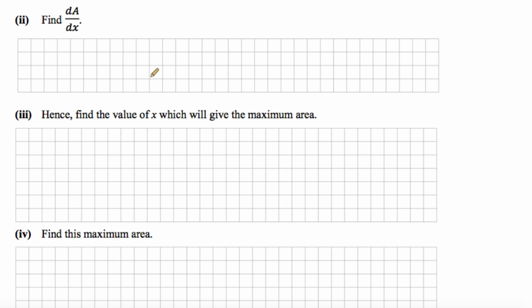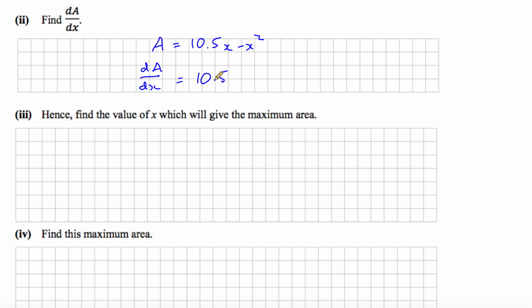Okay, part 2 says find dA dx. Okay, well, if A is 10.5x minus x squared, dA dx will be what you get when you differentiate that. So if we differentiate 10.5x, that's just 10.5.